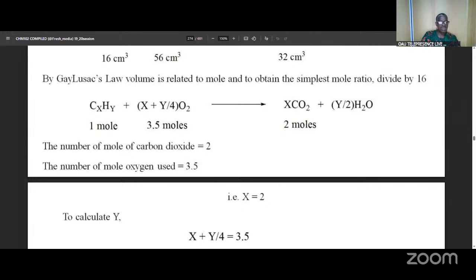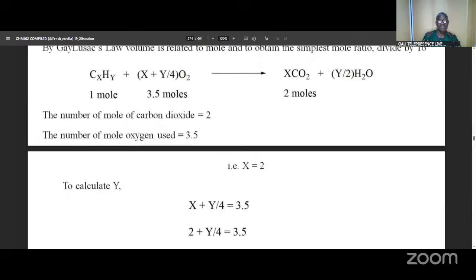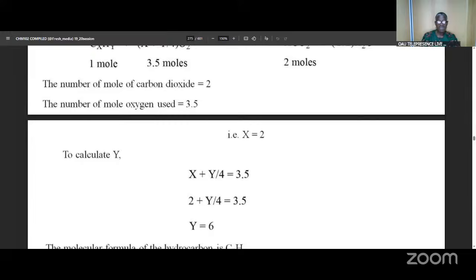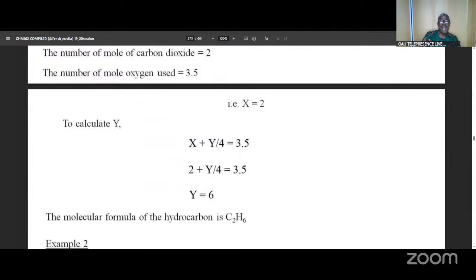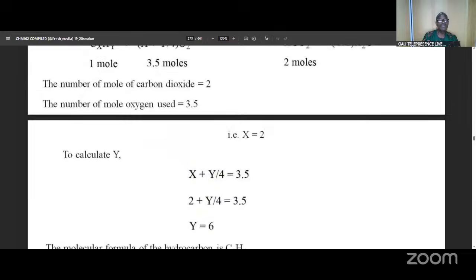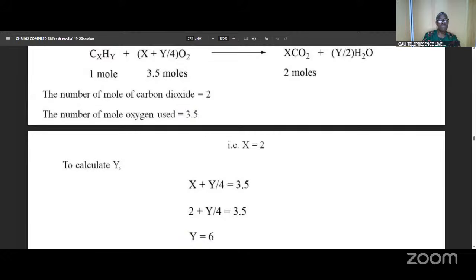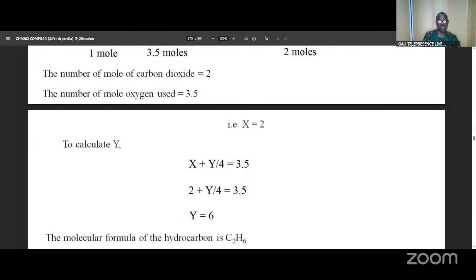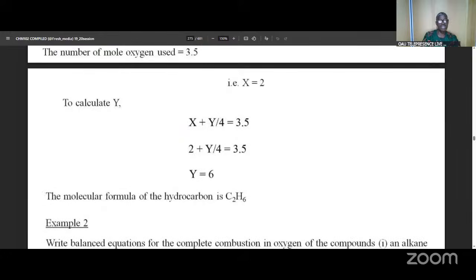So to calculate y, substitute x equals 2 into x + y/4, since the volume of oxygen used is x + y/4, which translates to 3.5. So substituting x equals 2, y equals 6. Therefore, the molecular formula of our hydrocarbon is C2H6.